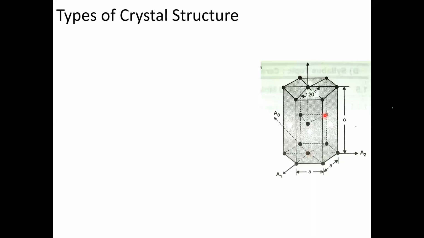This is the center line, when you join the top face center atom and bottom face center atom. Only one atom is at the center line. These two atoms are not at the center line. So that's why the formula is NI by 1. Okay. So this is the formula for hexagonally close packed structure. Number of corner atoms are what?